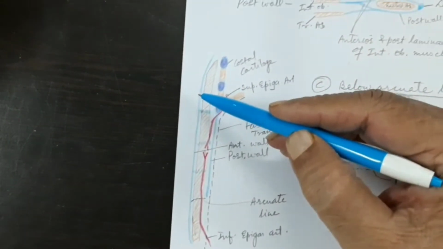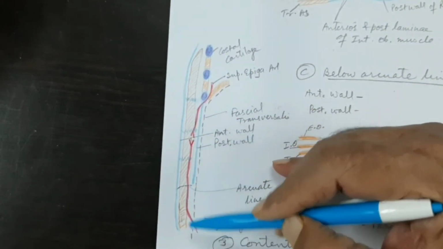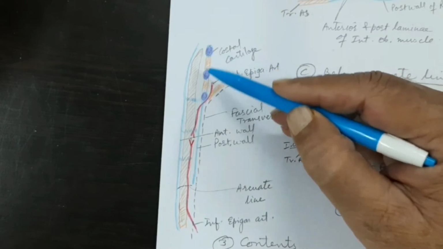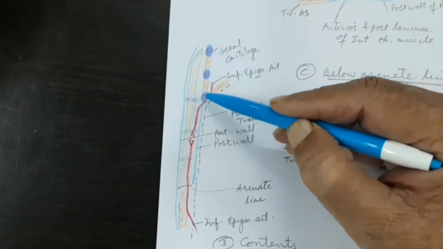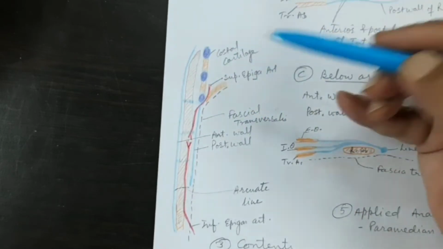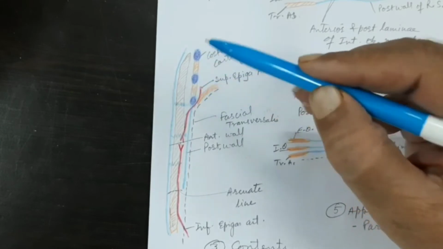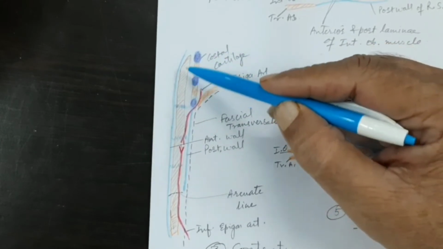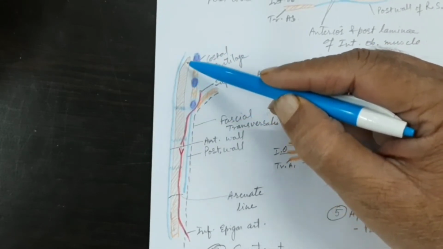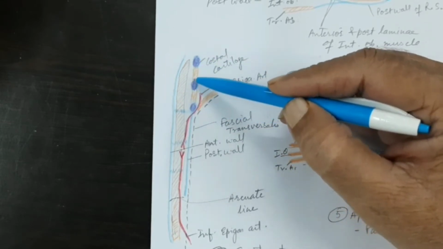See this rectus abdominis muscle, lying onto the 5th, 6th and 7th costal cartilages and intervening intercostal muscles, and a membrane will also be there. I have just represented the intercostal muscle. So this part of the rectus abdominis muscle is lying onto the costal cartilage.